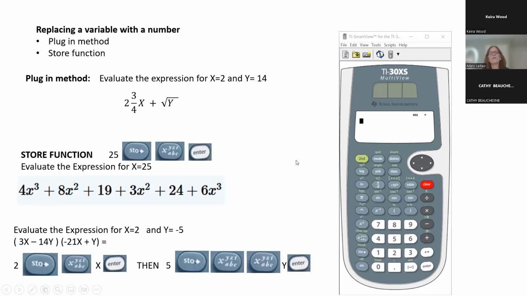Okay, so I know this is for more advanced math students. We have 10 minutes left, but I'd like to show it.